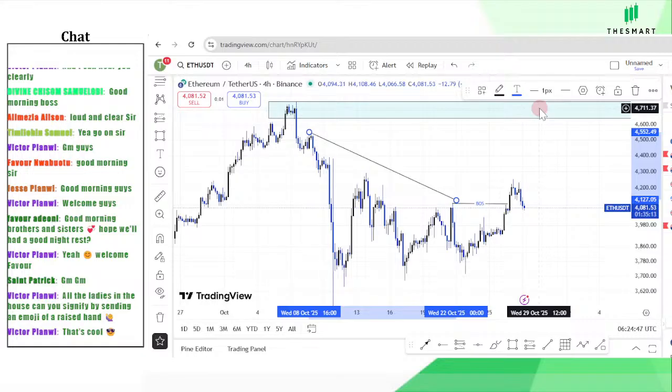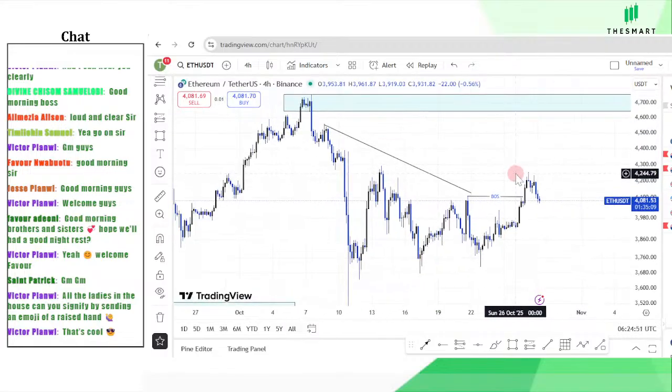In as much as I think Solana went against us, reversing to our desired direction, Bitcoin and Solana did well, just as we predicted. So just Ethereum that we had a stop loss on for those who took the trade during the live session. So on this Ethereum, this is what we have.